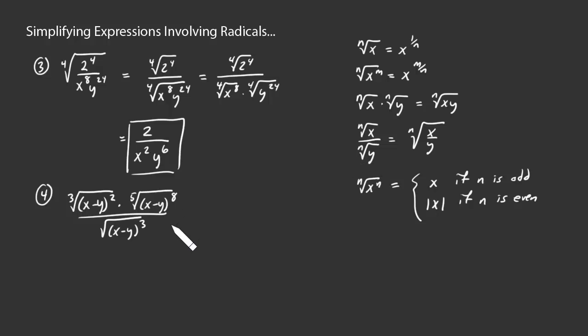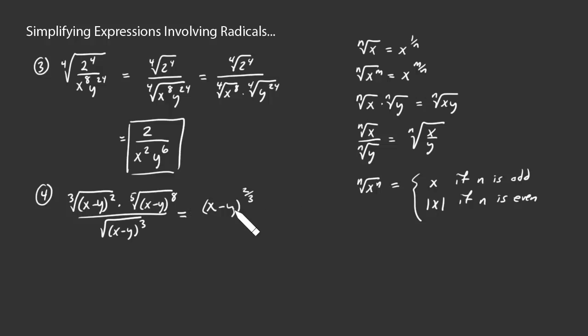Right? What I can do is play this card, use this property. We could rewrite this in terms of exponents. This first guy right here, x minus y to the second power, and then we take the cube root, that's the same thing as x minus y to the 2/3. Again, appealing to that property.